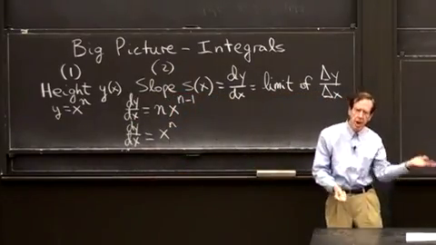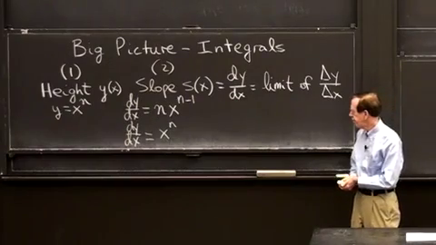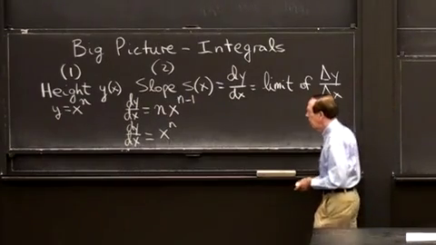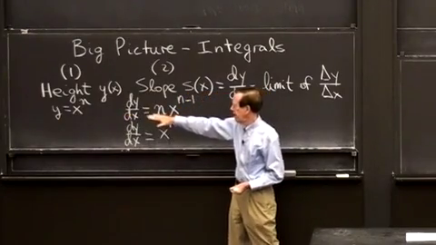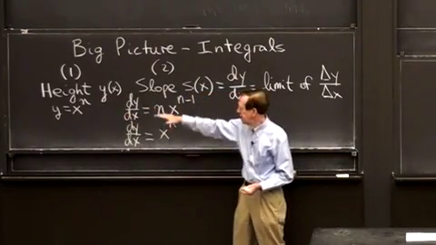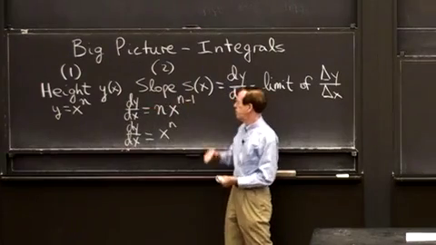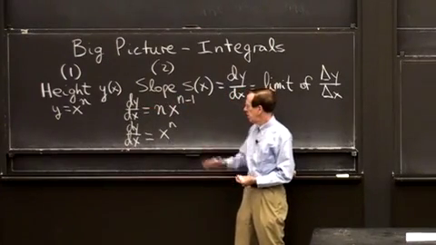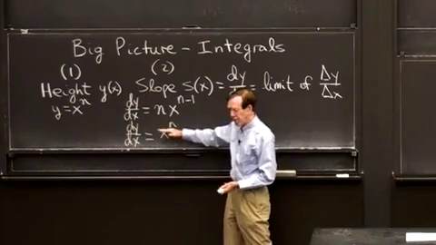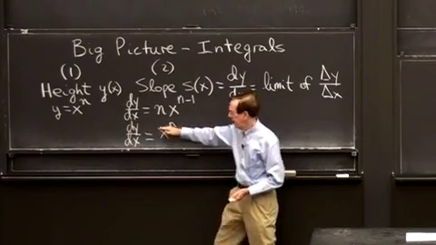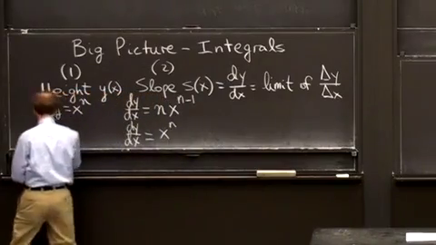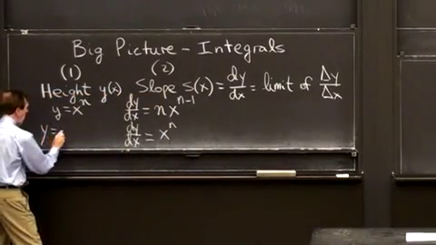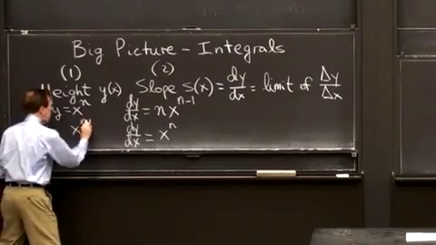Where does x squared come from? Well, look at this rule. That rule said that for these power functions, the power drops by 1. So if I want to end up with x to the nth, going backwards, function 1 had better involve an x to the n plus 1.